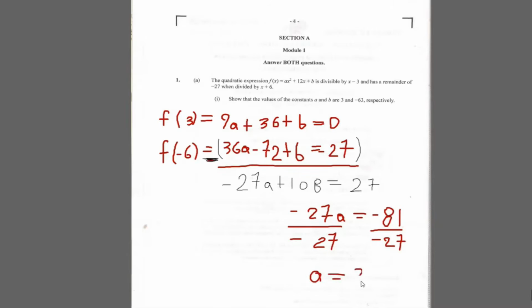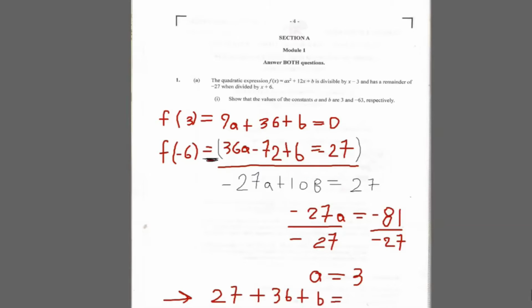So we're showing that part. So a is 3. Now that a is 3, you can substitute it into the first equation: 9 times 3 is 27. So 27 plus 36 plus b is equal to 0.